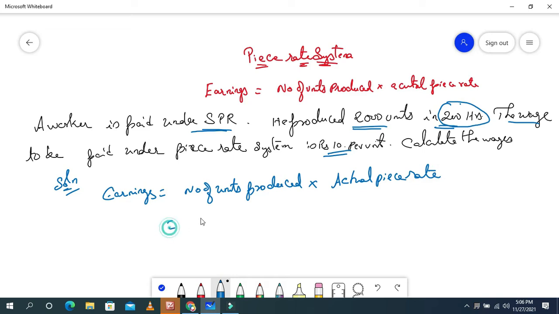The worker produced 2000 units into 10 per unit.